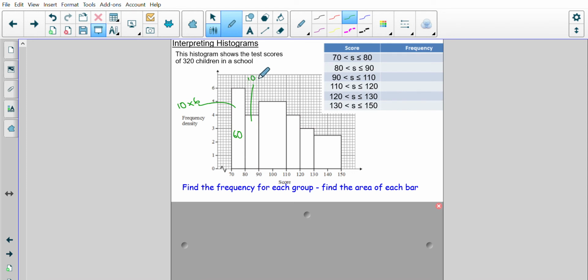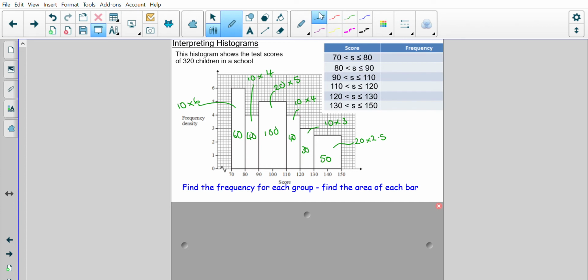Moving along, width of 10, height of 4, frequency of 40, width of 20, height of 5, frequency of 100. Last one, width of 20, height of 2.5, which gives me a frequency of 50.